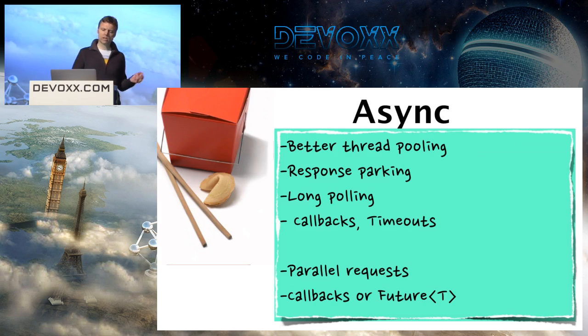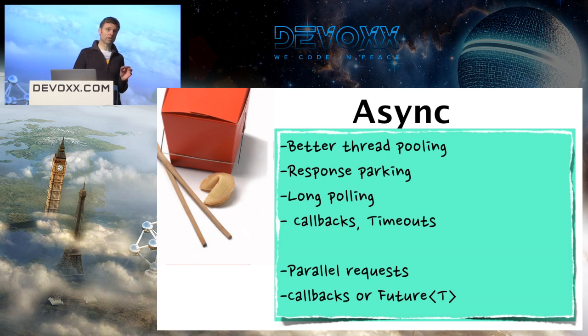So with async, you get better thread pooling if you want to. You can park responses, and they are really objects you can pass around in your server implementation. You could implement long polling with this. You get all sorts of callbacks and timeouts also on the client side.